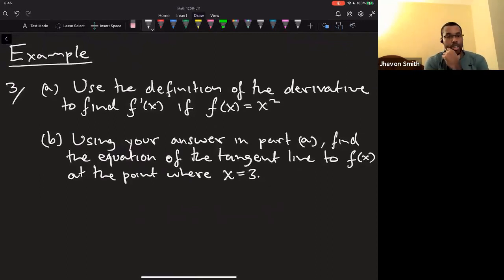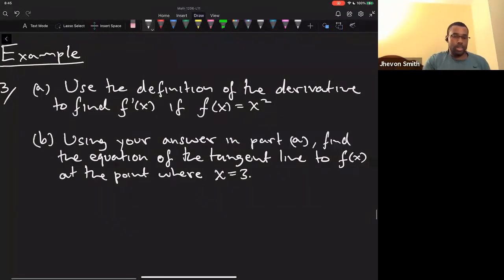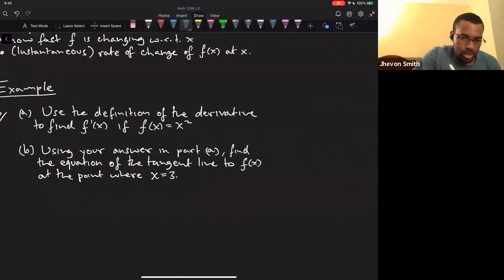So here's a function, f of x equals x squared. I want us to use the limit definition of the derivative to find its derivative. And then in part B, use your answer to part A to find the equation of the tangent line to f at this point. And again, spoiler warning, I will ask you a problem like this.